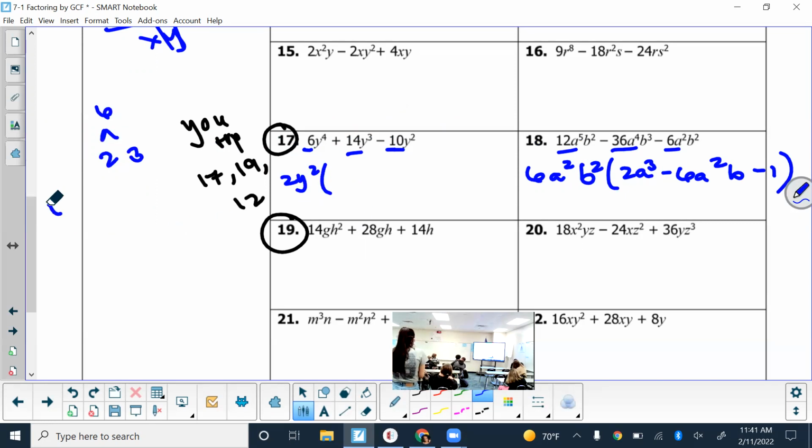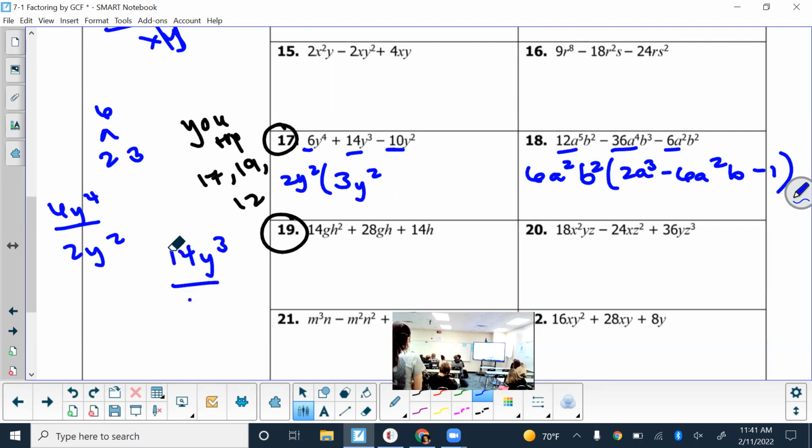All right, then divide them. 6y to the 4th divided by 2y squared. What's 6 divided by 2? 3y squared. Good. And then 14y cubed divided by 2y squared gives me what?